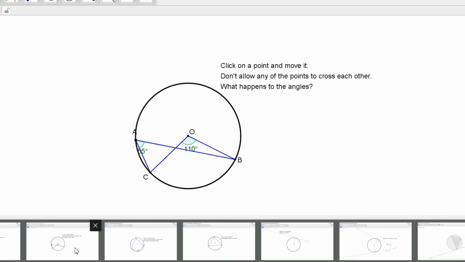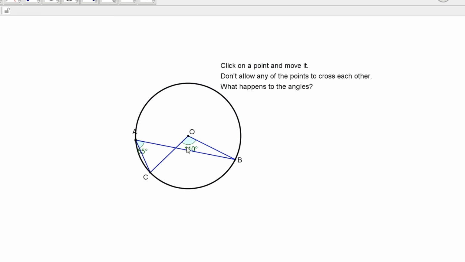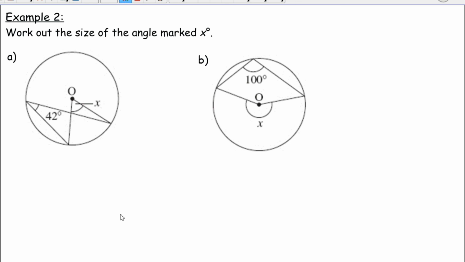This angle at the center is double the angle at the circumference. So we can go ahead and say that x will be equal to 42 multiplied by 2, which will be equal to 84 degrees.